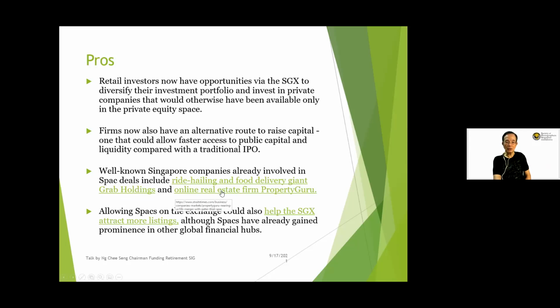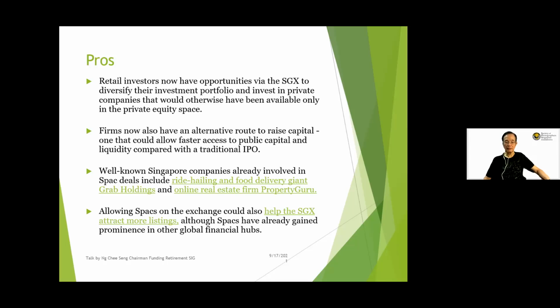Same as online real estate Property Guru. Property Guru is an Australian incorporated company, but their main website and online transaction work are mainly in Singapore and then Southeast Asia.